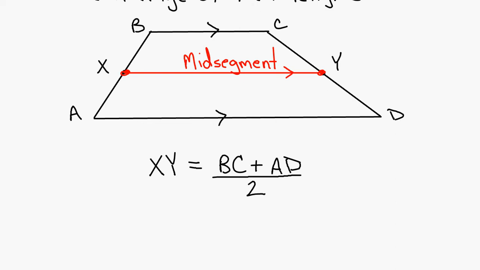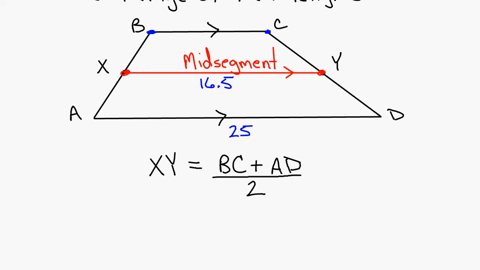So in this case, if you were given AD is 25, and the mid segment is 16.5, and you are asked to find the length of BC, could you find it?